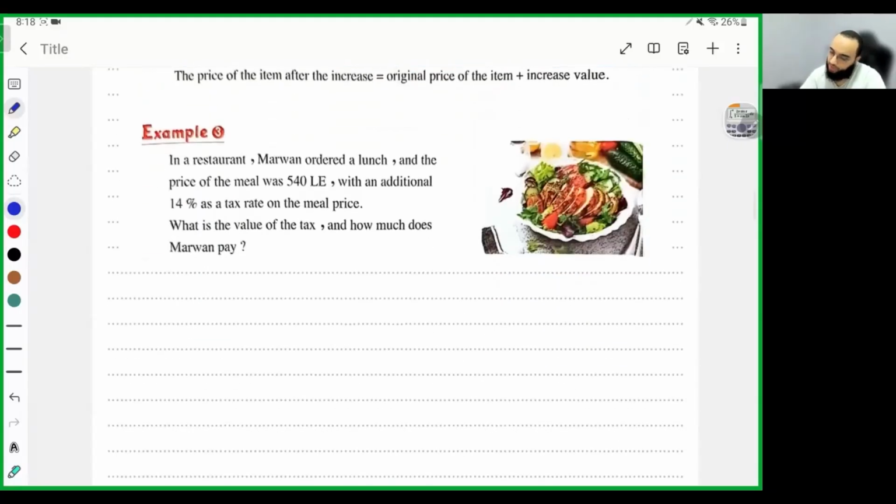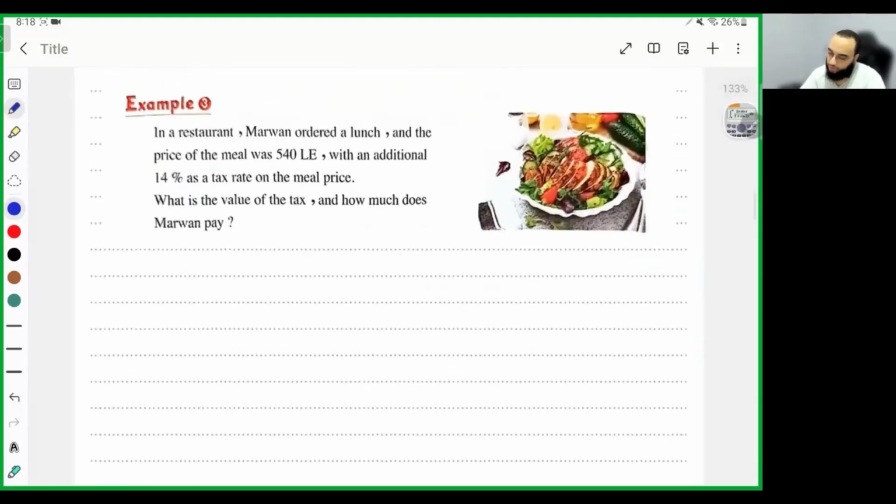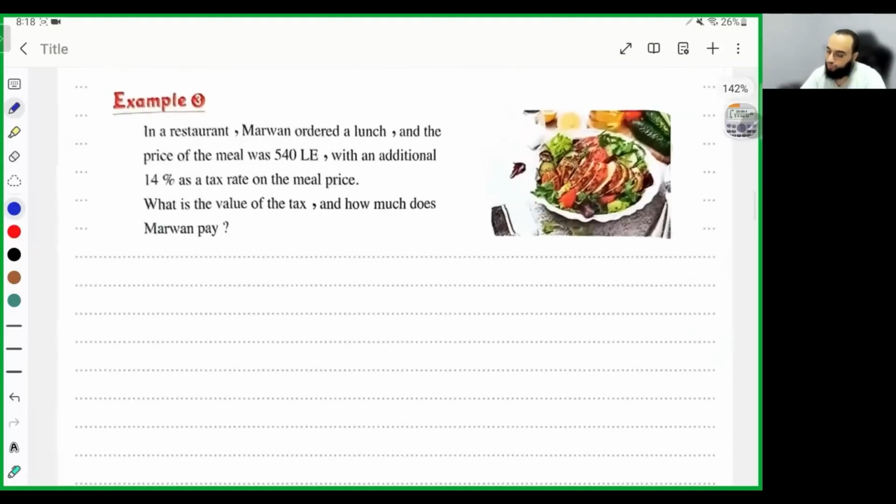In a restaurant, Marwan ordered a lunch, and the price of the meal was 540 pounds with an additional 14% tax rate. So if you bought a meal for an example 100 pounds, you're gonna pay the waiter 114 pounds, not only 100.